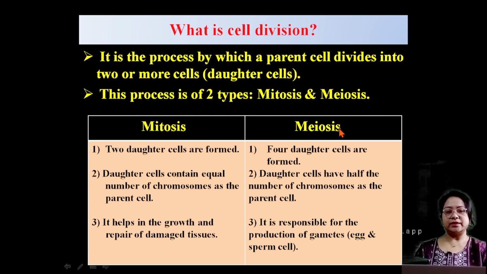So meiosis directly helps in the production of gametes, which we also call sex cells, the egg and sperm cell in the female and male body. Let us study further. I shall draw diagrams so that you can understand conveniently.